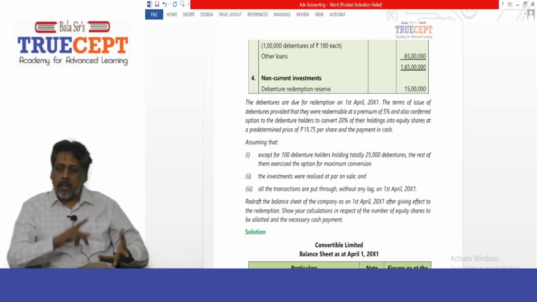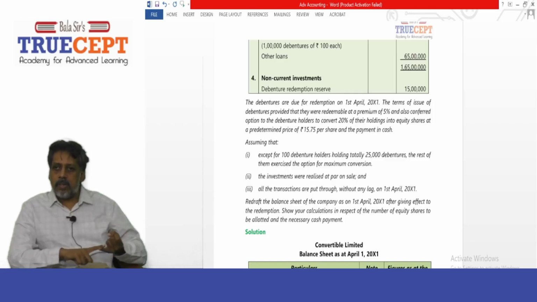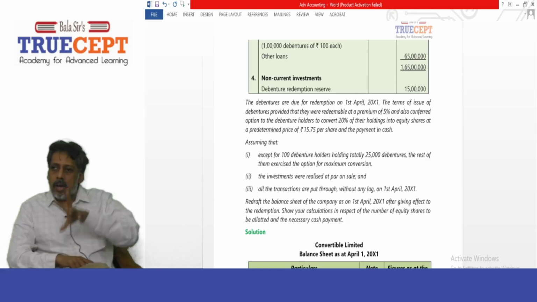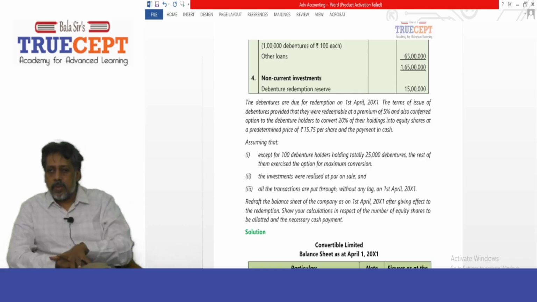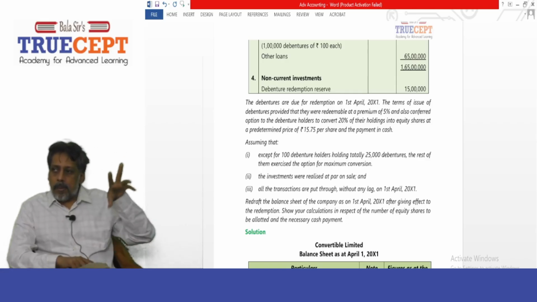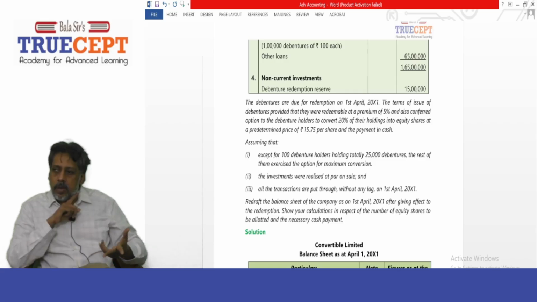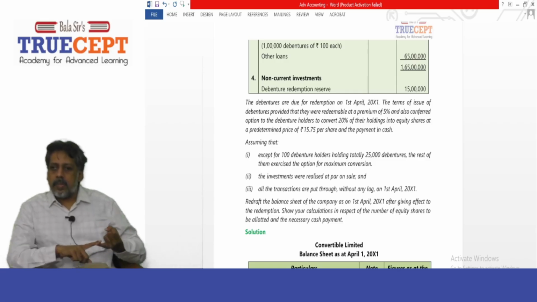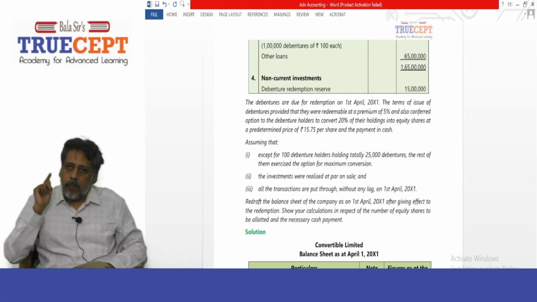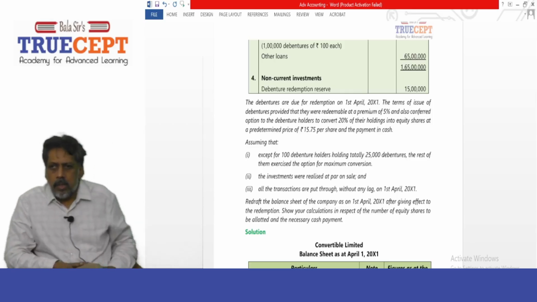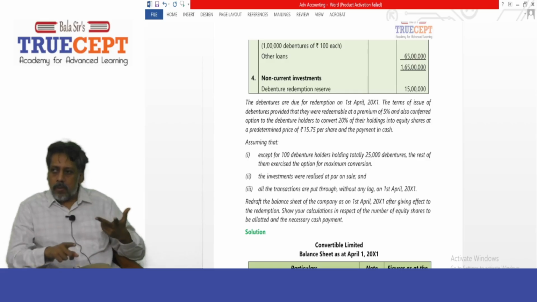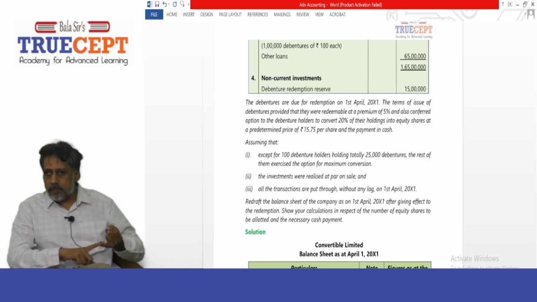It's given that the debenture holders have an option to convert 20% of their debentures held into equity shares, and for that purpose the equity shares are priced at rupees 15.75 per share. Remember, the face value of one equity share is rupees 10 each.